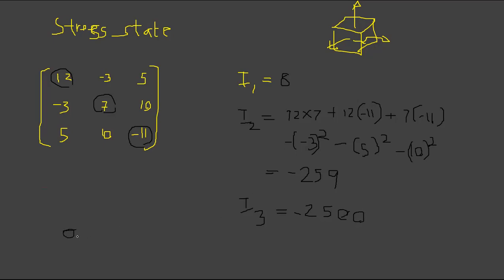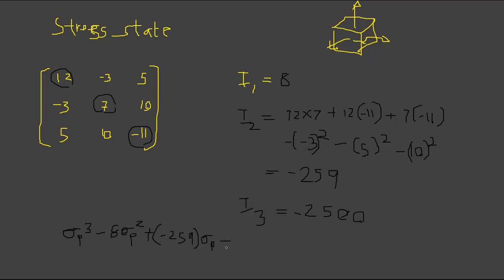So that's given by sigma p cubed minus 8 sigma p squared, it's again minus, sigma p and minus.